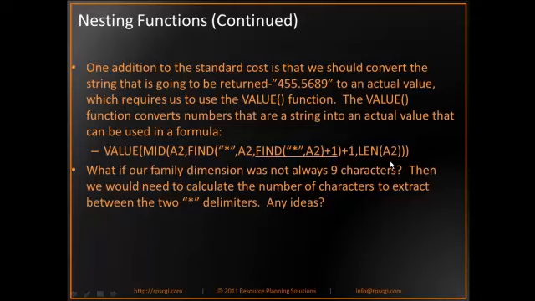The source data is a text string, and we need to convert that to a value because at some point we're going to be using that standard cost to do something. This VALUE function basically converts a string of numbers that are referenced as a text string into a value. So this converts them back, which is kind of doing the opposite of some of the stuff that we've been doing.